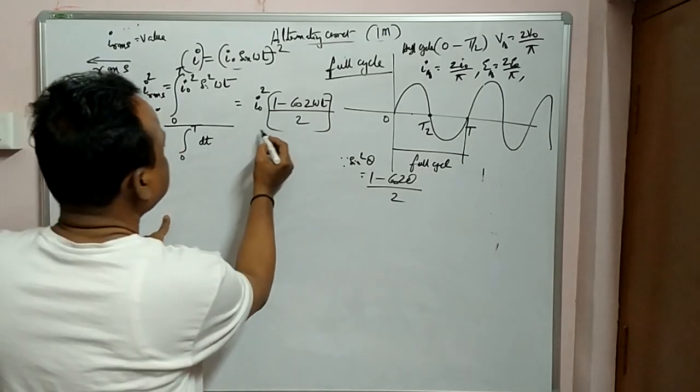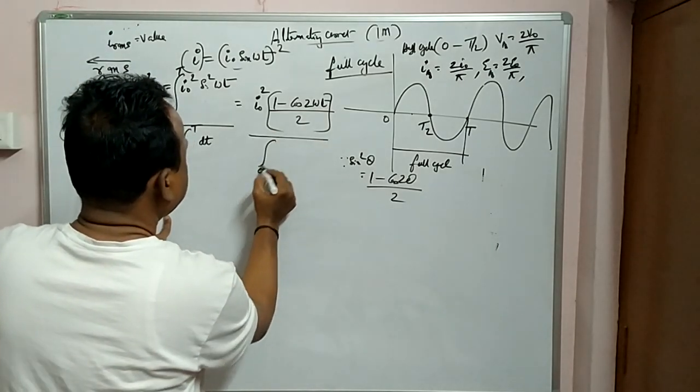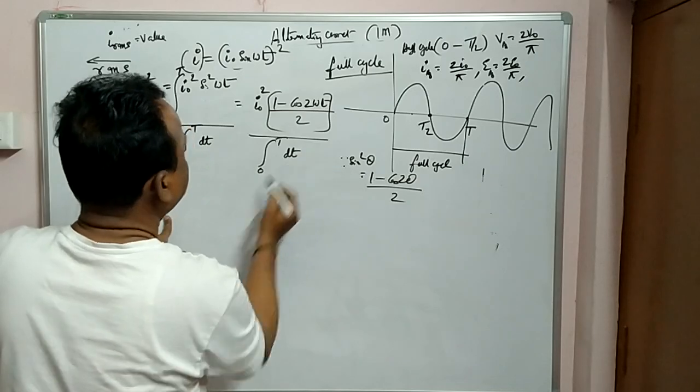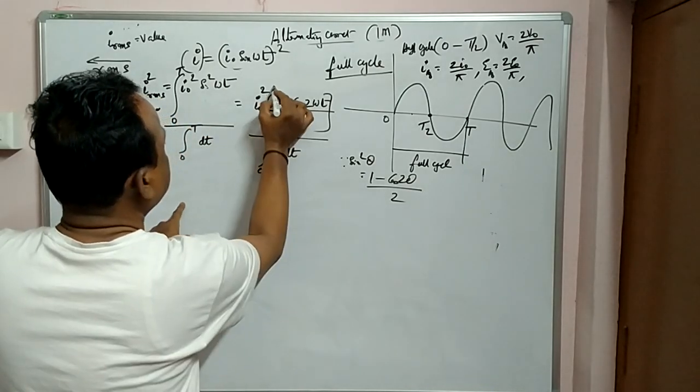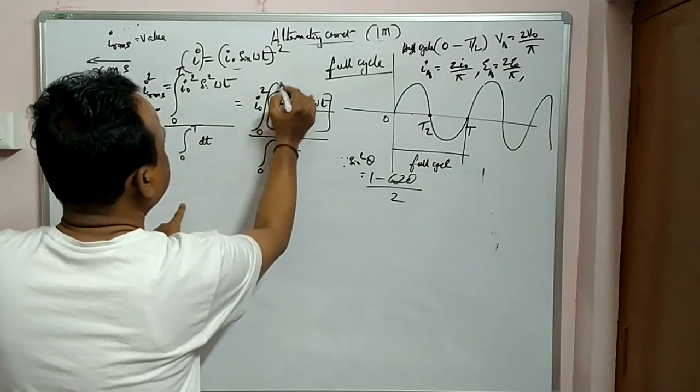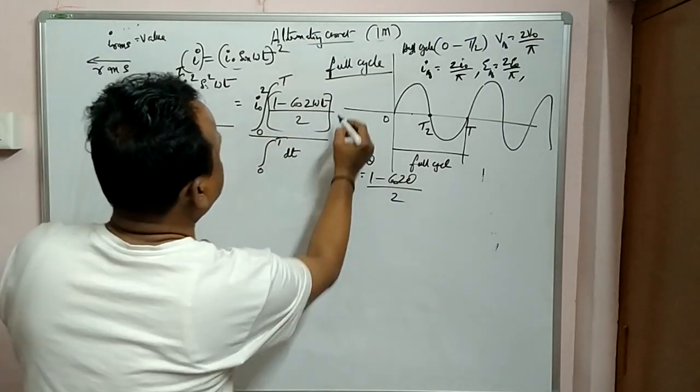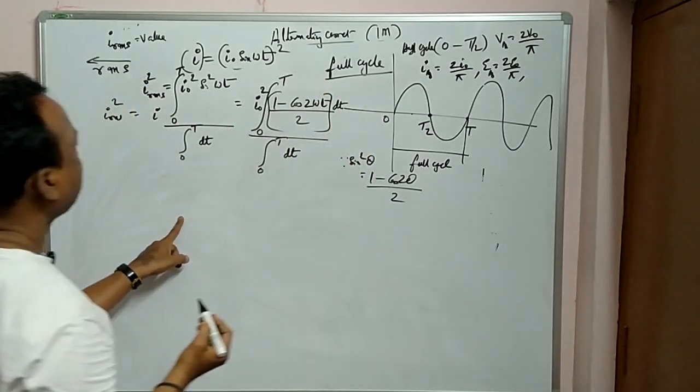Now I'll integrate this one. Integral 0 to T dt, as it is again. So the constant comes outside, and now we have to do the integration for this. Integral 0 to T dt. Clear?